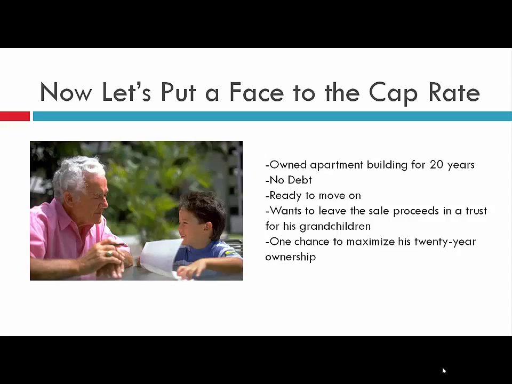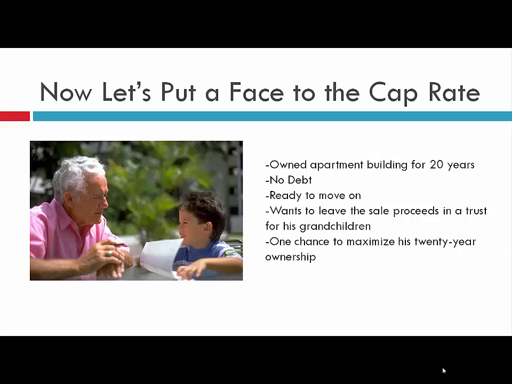Very wise man. 20 years later, he has paid off the mortgage, and that thing just provides an income for him all the time. But now he's ready to move on. He's just picked up the fourth wife, and she doesn't like to be a landlord. She wants to travel, and she wants to get rid of this property. So he wants to sell it, but he wants to put it in a trust for his grandchildren.